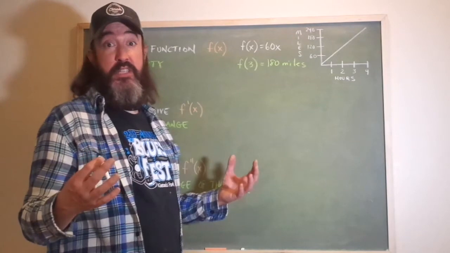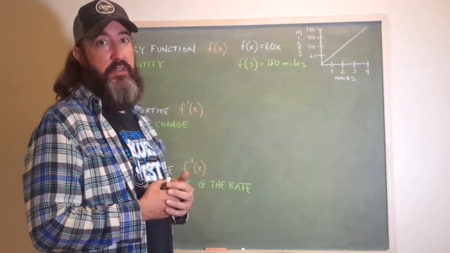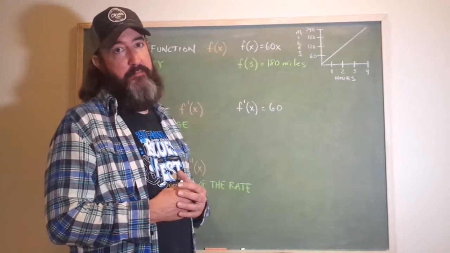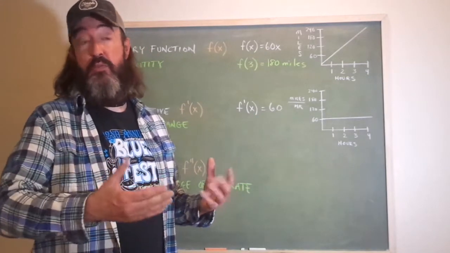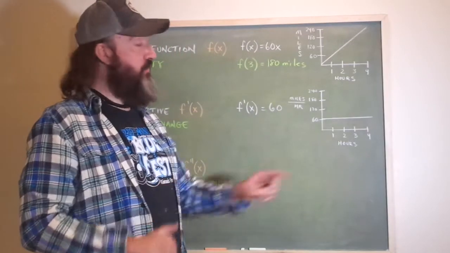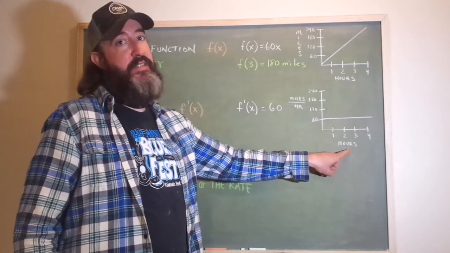Now, fortunately, at this stage of the game, we're already good enough at calculus that we know how to get the derivative of f of x. F prime of x is 60, and let's take a look at what that graph looks like. Of course, the graph of f prime of x equals 60, or if you want to imagine y equals 60, it's just a horizontal line at 60. In this function, you still plug in the x value of hours, but notice you don't get a distance.